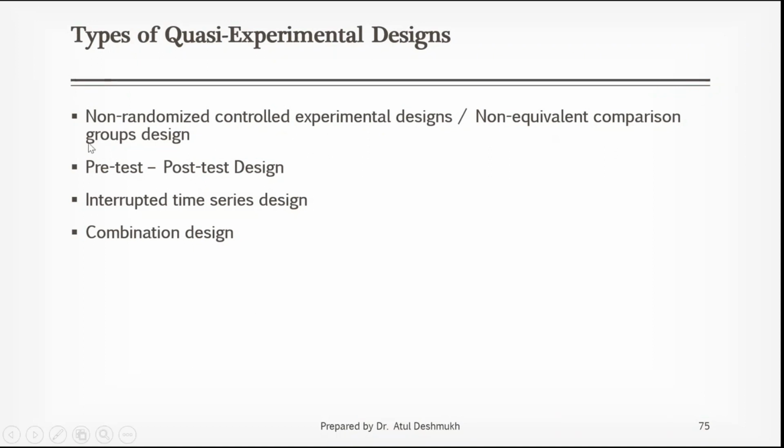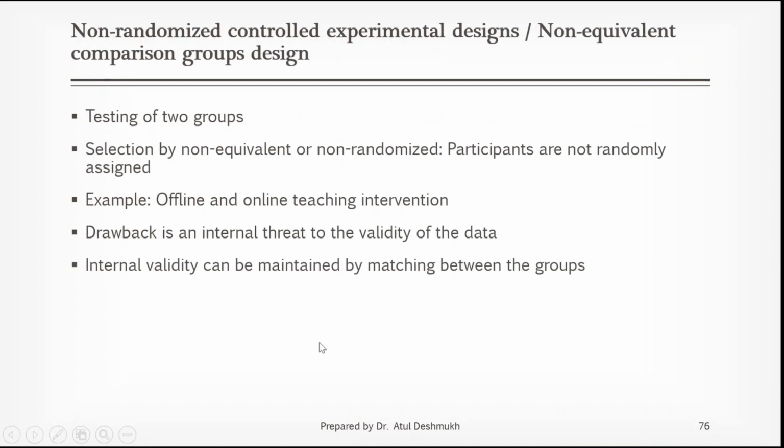Now, in detail, we will discuss these four types one by one. First is non-randomized controlled experimental design, also labeled as non-equivalent comparison design. Non-randomized means the sample selection is non-randomized, so a convenient sampling process is applied here.